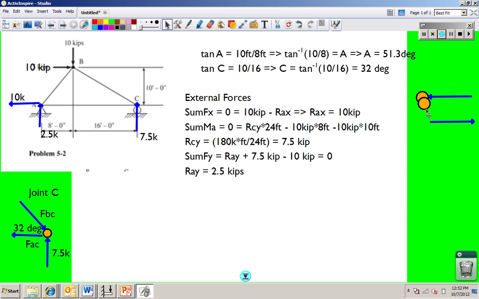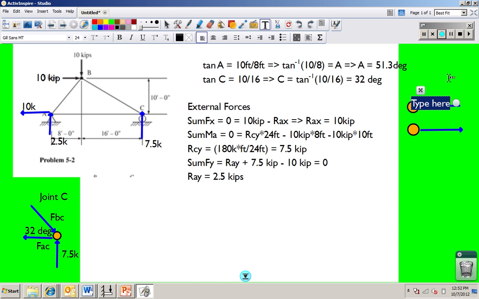These are forces at joints, and remember that when we draw the one where the arrows are pointing towards the joint, we say that member is in compression. And we say this one is in tension, right? So remember that when the arrow points away, the member's in tension. When it's towards, it's in compression.